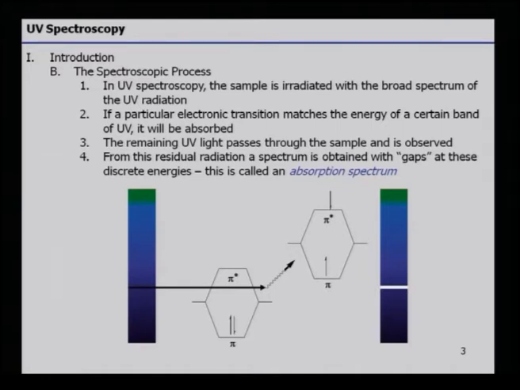The remaining UV light passes through the sample and is not observed. From this residual radiation, a spectrum is obtained with gaps at these discrete energies, and this is called an absorption spectrum. So, first thing is that it is an example of absorption spectroscopy, and the spectrum generated is an absorption spectrum.